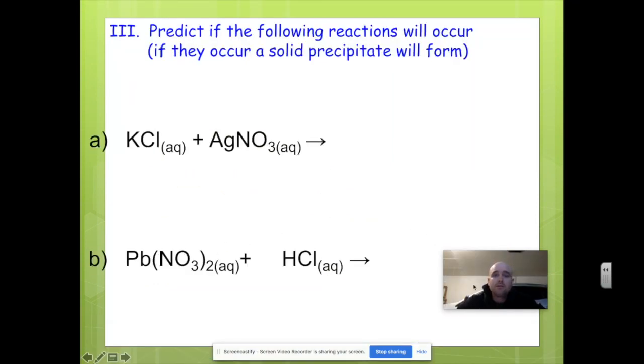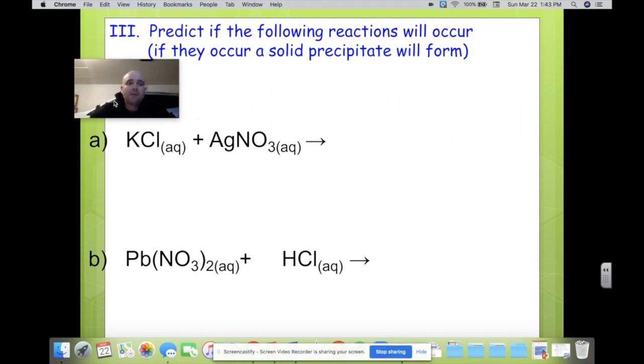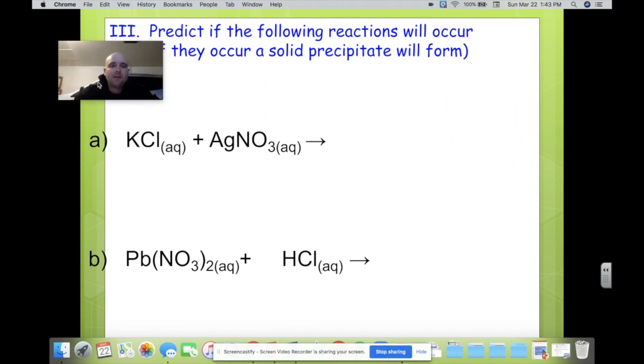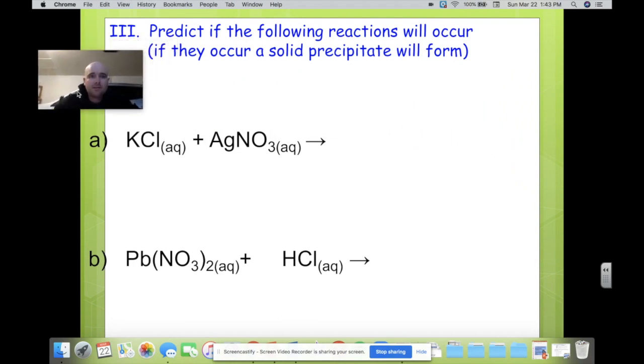Okay, so let's see if we can predict products now. This is going to be the fun part. This is when we are going to look at KCl and silver nitrate. This is similar to what Lee Merrick did in his video, where he combined 2 aqueous solutions together.